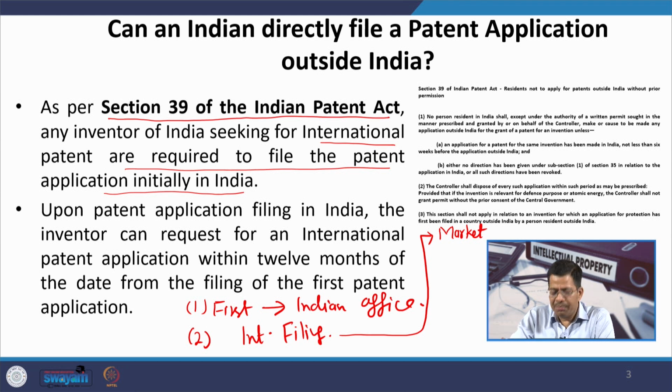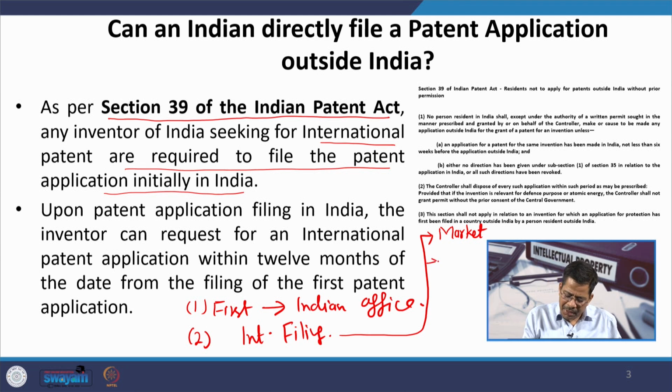If there is no market, there is no point in filing the patent in that country. The first important thing is availability of the market, because I want to do business in that country, and therefore I want protection for my invention there. Market attractiveness is very important.